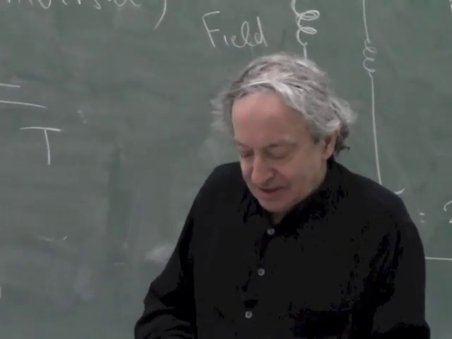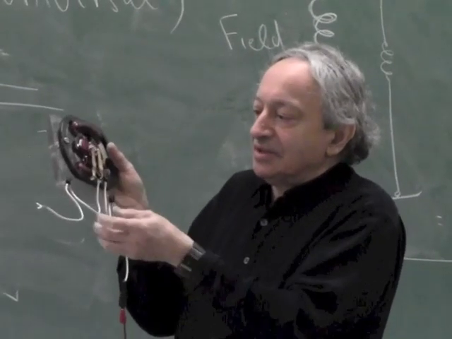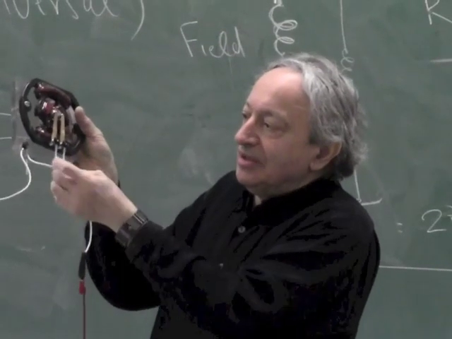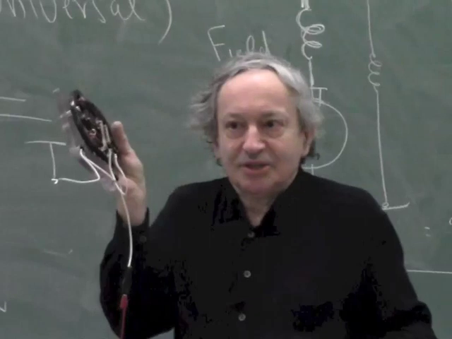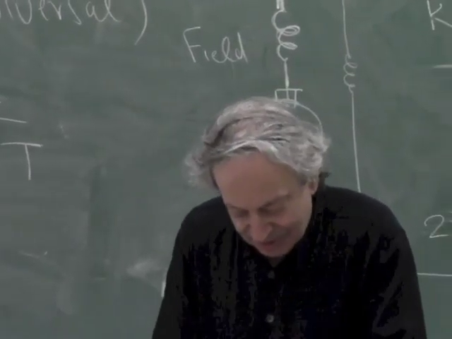Okay, now I can take the same motor and connect the two windings in series instead of parallel. Notice this is a battery, the brushes are connected in parallel, so now I'll just rewire it for series. So it'll be like this.